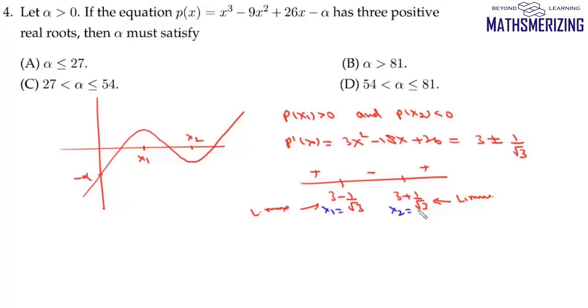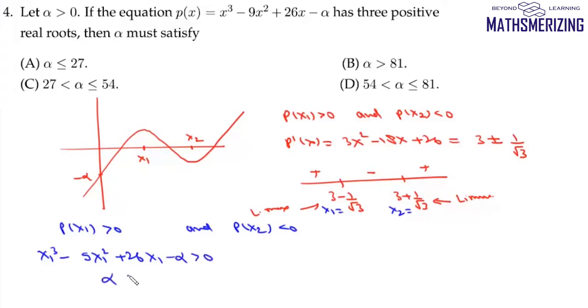Now this equation will have 3 real roots when P(x1) is greater than 0 and when P(x2) is less than 0. Now when we write P(x1) greater than 0, we get x1 cube minus 9x1 square plus 26x1 minus alpha should be greater than 0, or we can write alpha is less than x1 cube minus 9x1 square plus 26x1.